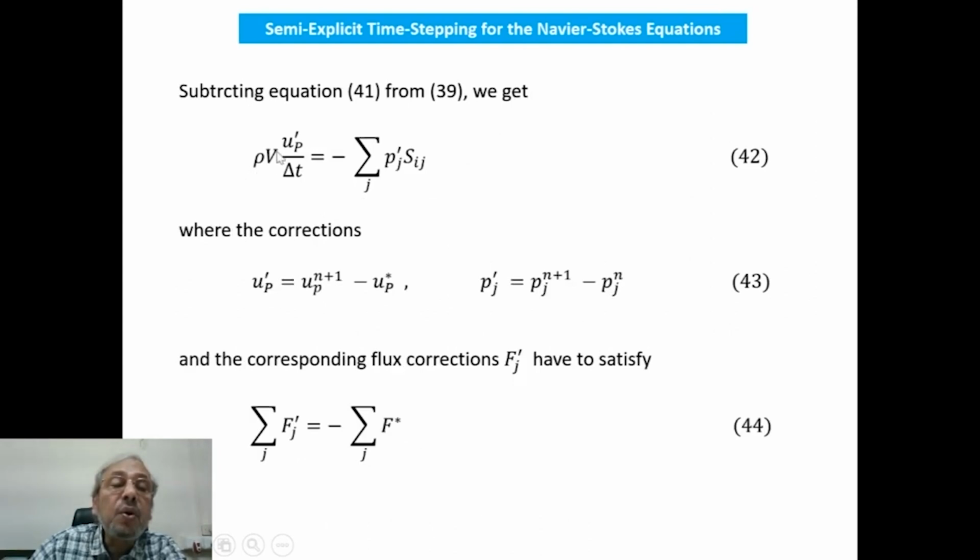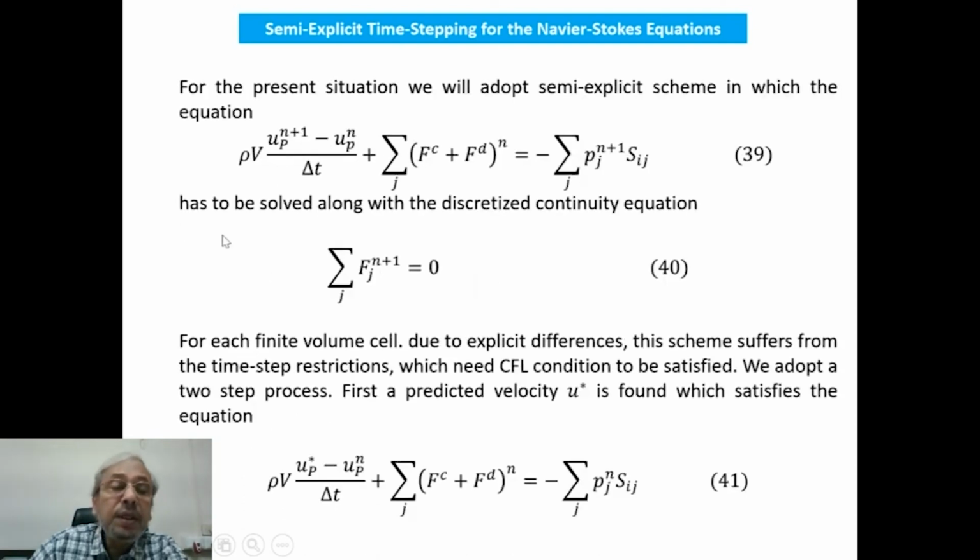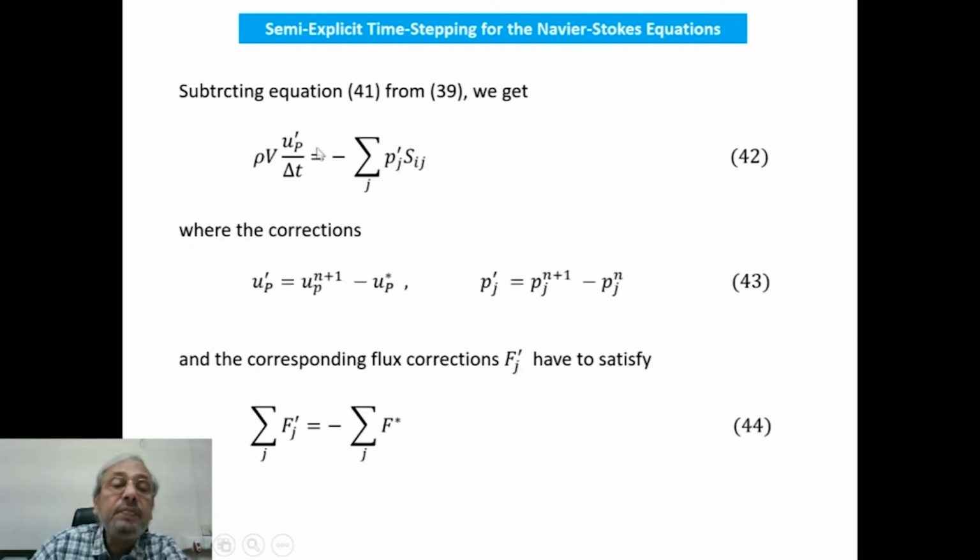That means rho into V, where V is volume, into the difference between velocity at the n plus 1th level and the star quantity, which is up prime, by delta t. So we are calling it up prime.